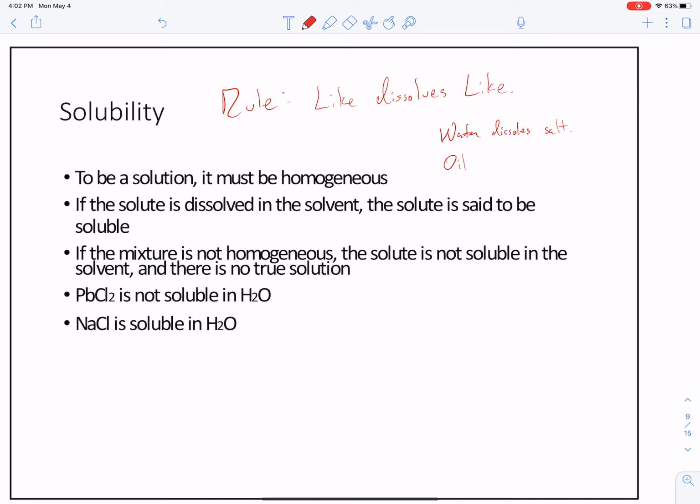Oil will dissolve, let's call it, the extract of oregano.